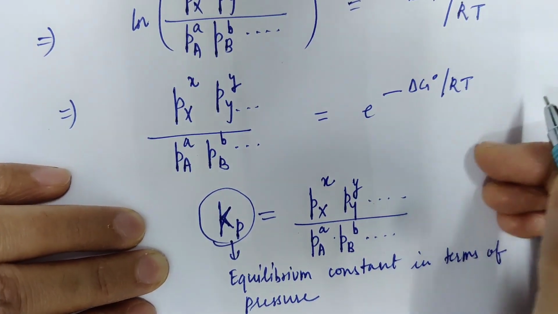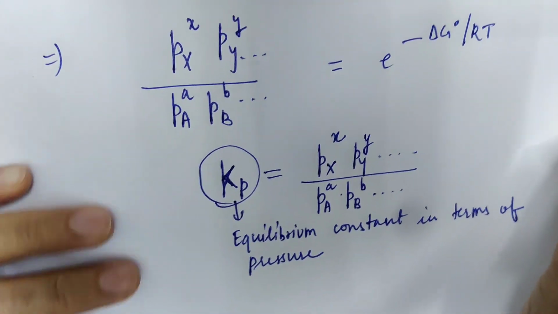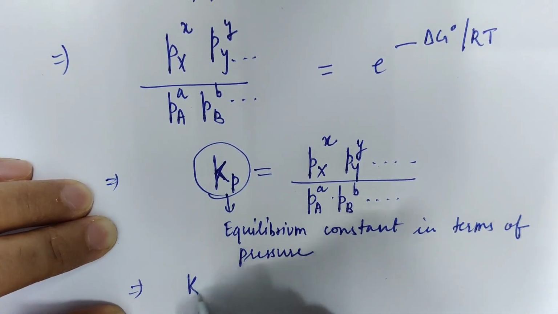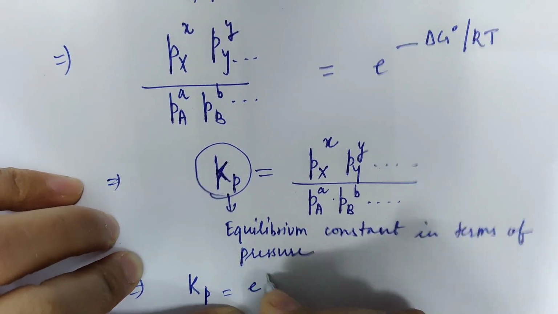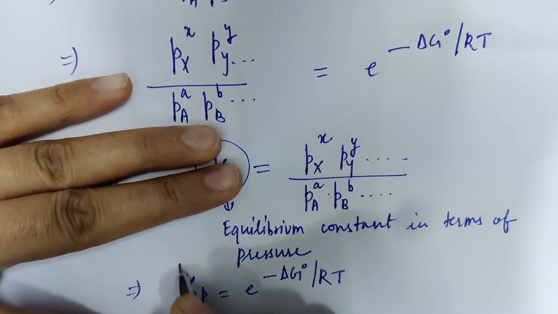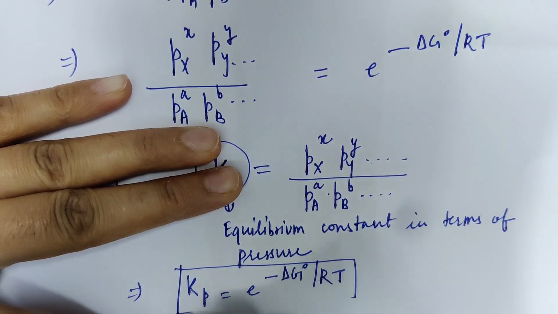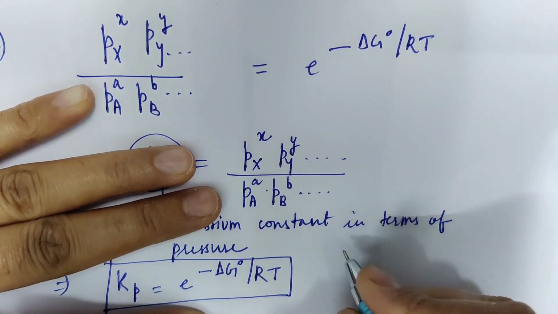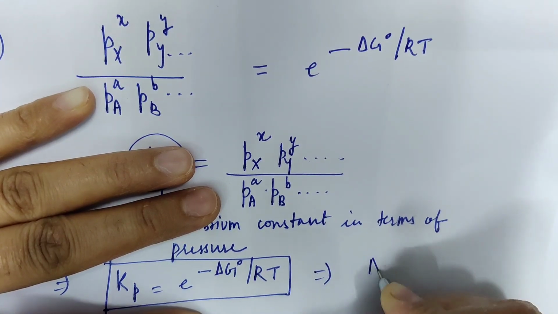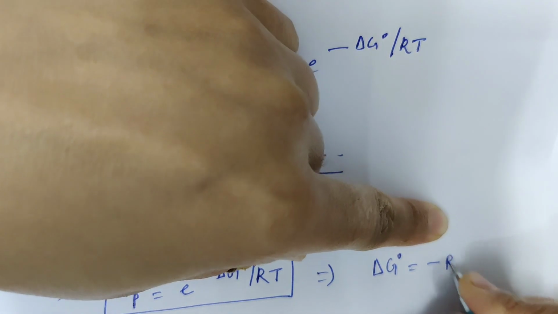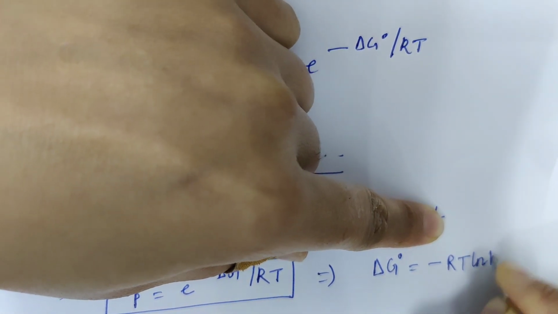So using these two equations, we can write Kp is equal to e raised to power minus delta G naught by RT. Or similarly, you can write this equation as delta G naught is equal to minus RT ln Kp.